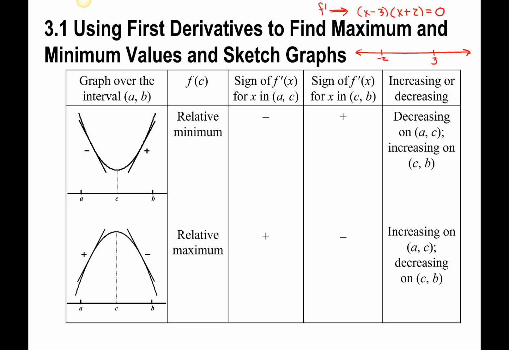Now, as we go through this process, and we're going to go through it umpteen times, which is a whole lot more than 10, what you're going to want to do is take the function, compute the derivative, set the derivative equal to 0. Solve for where it equals 0 or for where it's undefined. Okay? One of the things that's kind of nice is that this is just a checklist that you go through every single time.